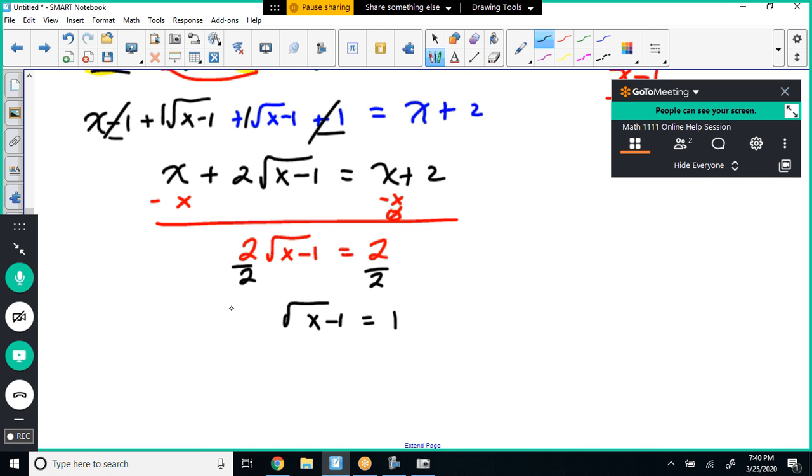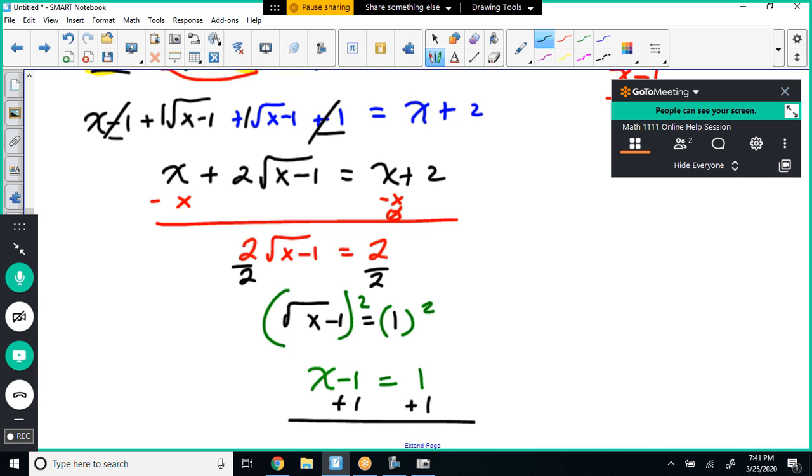In order to do the inverse operation, if it's 2 times, I have to divide this side by 2 and divide that side by 2, which would leave me this. All right, now guess what I can do? Square again. There you go. So this cancels the square root, leaves me x minus 1, and 1 squared is 1.